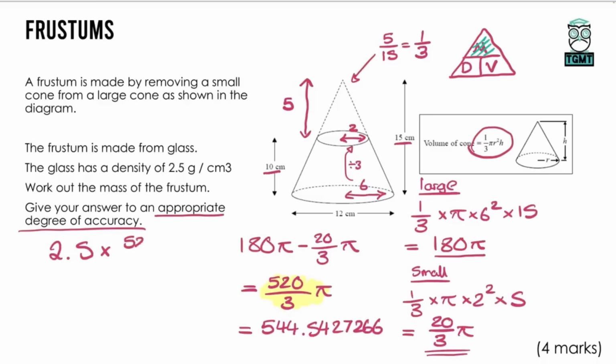So 520/3 pi that we're going to times by 2.5 as that was our density, and we're doing density times volume. So times by 2.5, and that comes out as now a final answer. Now it does come out in terms of pi. However, it says to give your answer as a suitable degree of accuracy.